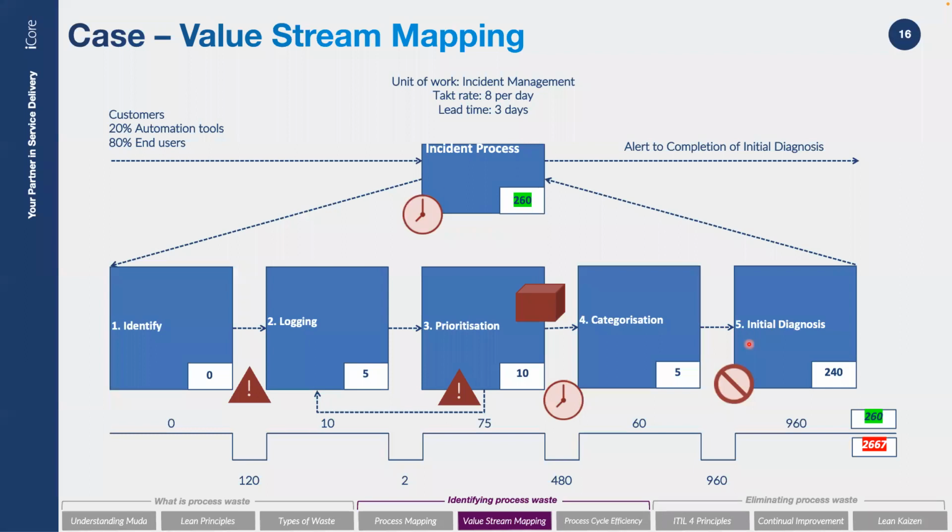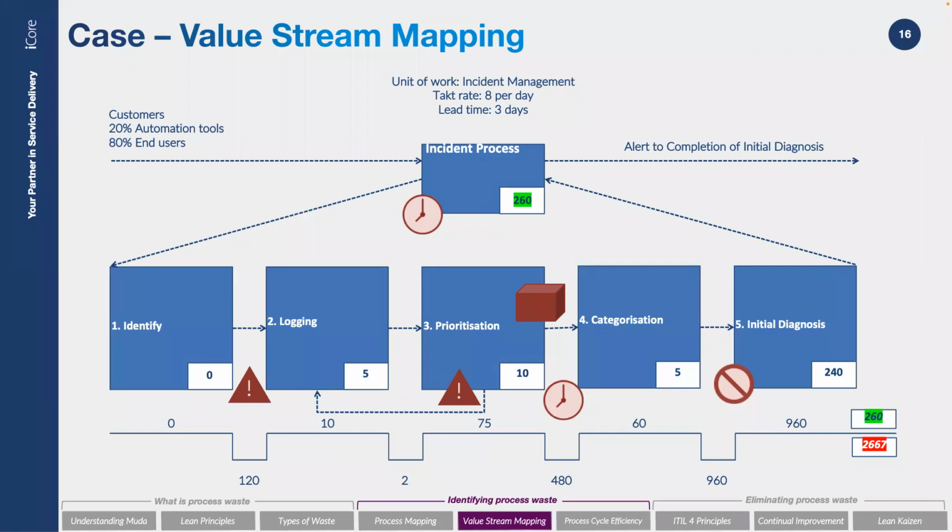Right. Now we've got an idea of our value stream. We've understood what our process is. We've actually opened our process up. We've had a look at how long it should take, and this is just looking at time.